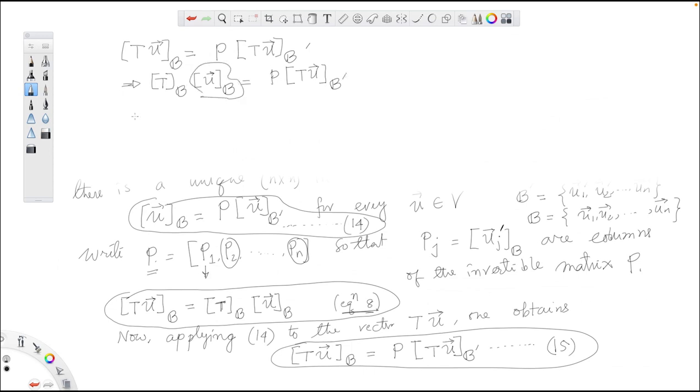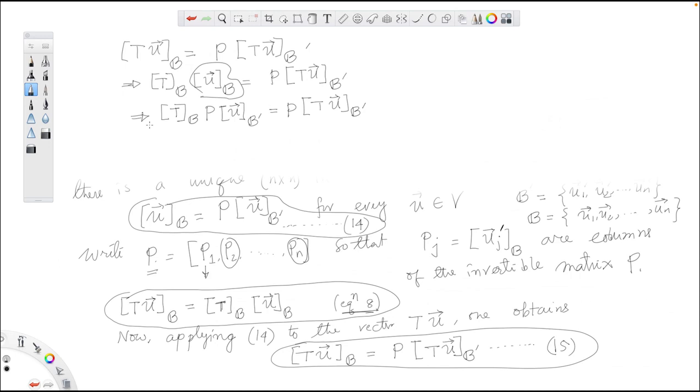Now the left side can be written as the matrix representation of T relative to B, times P, times the coordinate matrix of u relative to B prime, is equal to P times the coordinate matrix of Tu relative to B prime.